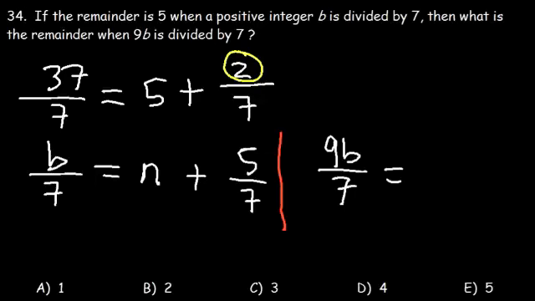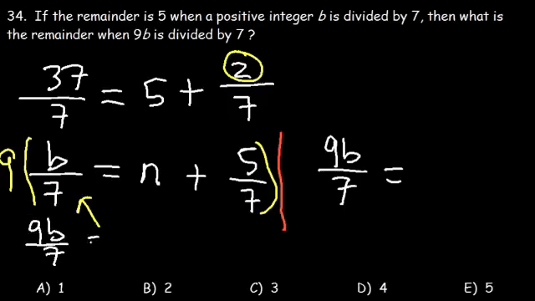So if we compare b over 7 to 9b over 7, it's simply 9 times its value. So let's multiply both sides of this equation by 9. On the left, we get 9b over 7, and we multiply everything on the right by 9. So n times 9 is 9n, and 5 times 9 is 45 over 7.